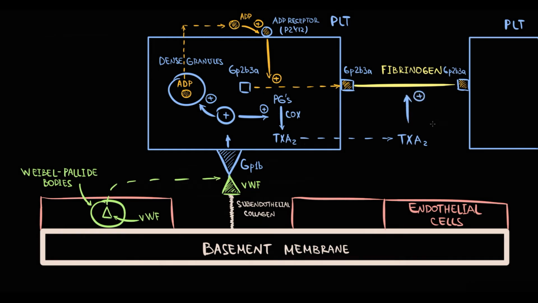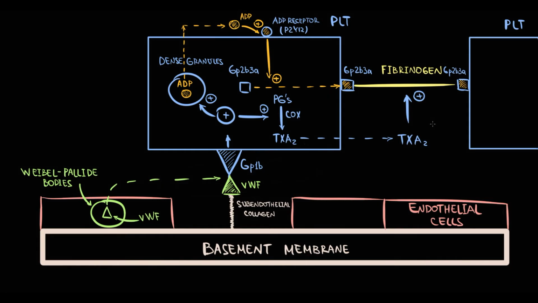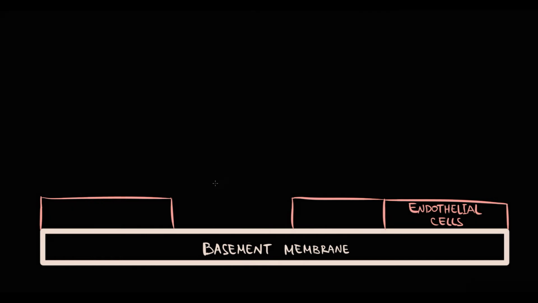This binding occurs over and over again until a platelet plug is formed, and exactly this gathering of platelets at the site of injury is called aggregation, and aggregation results in formation of a platelet plug.